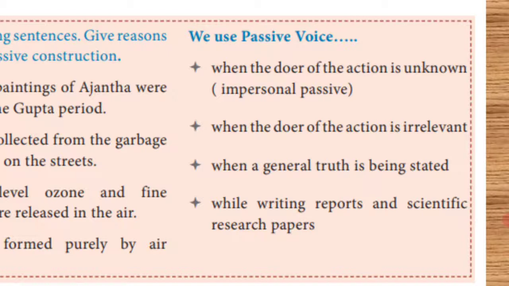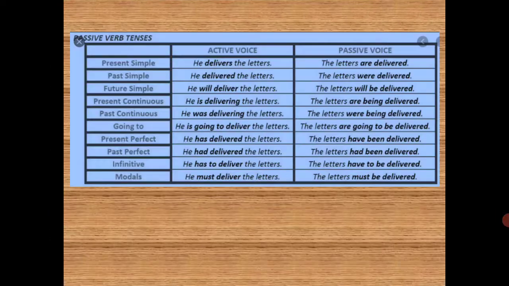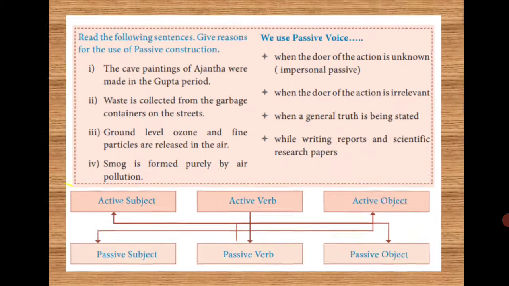When the doer of the action is not relevant or not significant, we use passive voice. The third point is when a general truth is being stated. Whenever we speak about a general truth, we use passive voice. While writing reports and scientific research papers, we use passive voice. So these are the places where we use passive voice.